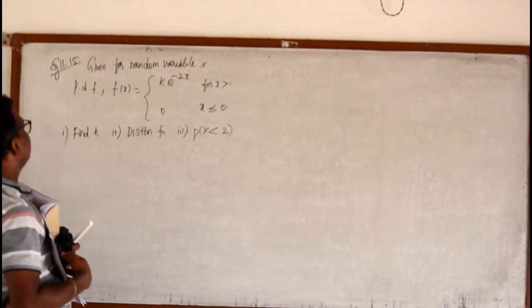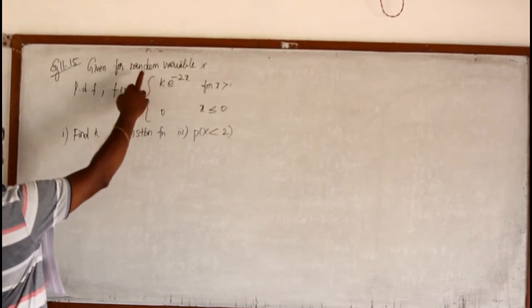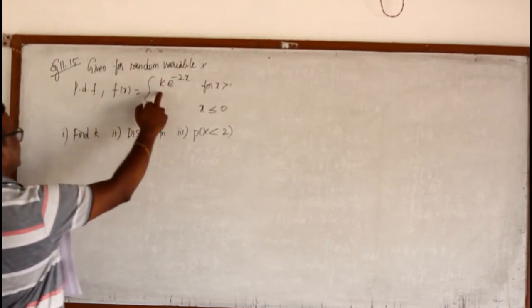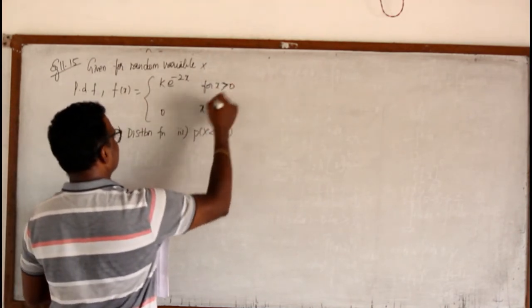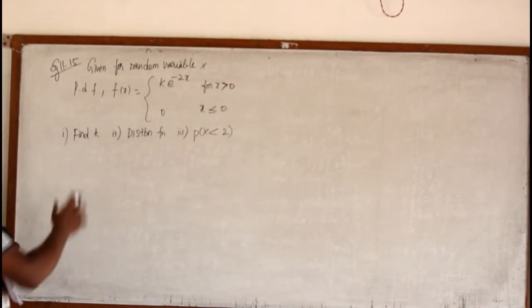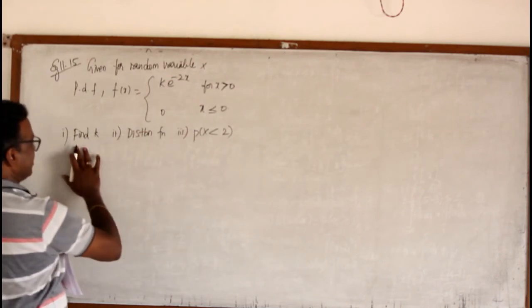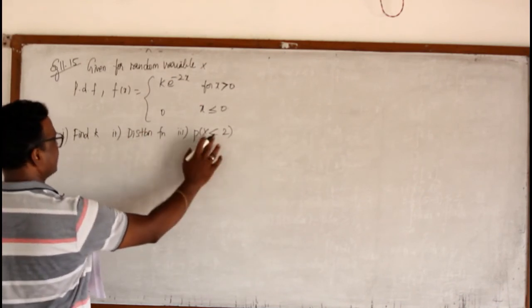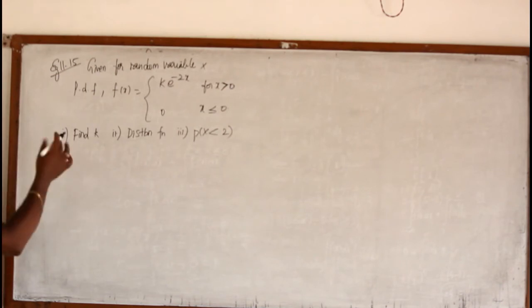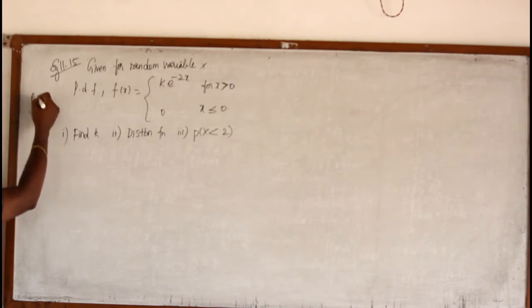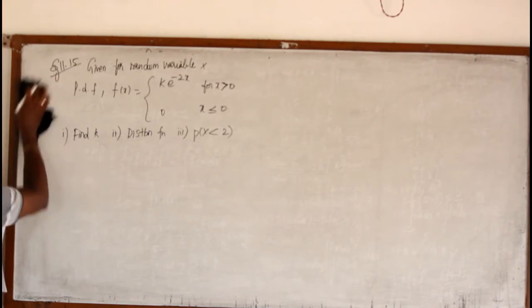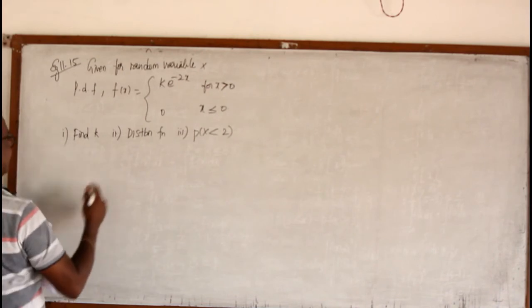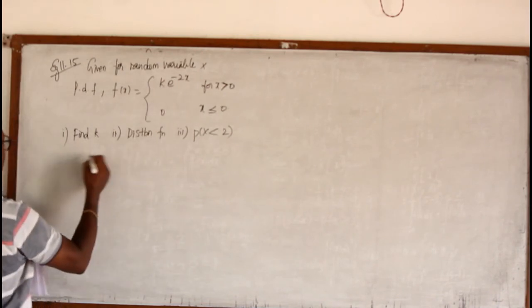Now the next problem, Example 11.15. Given for random variable x the PDF f of x is k e power minus 2x for x greater than or equal to 0, and 0 for x less than or equal to 0. I have to find these three values: k, the distribution function capital F of x, and P of x less than 2. Before going to this, let me say the integral of e power ax dx is e power ax by a. Remember this. So, to find k, the total integration is 1.